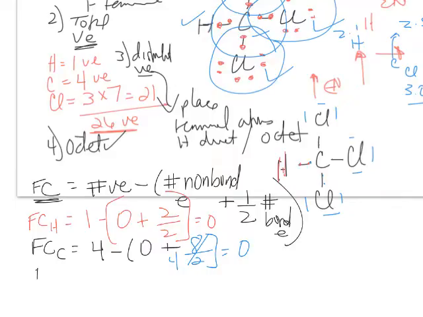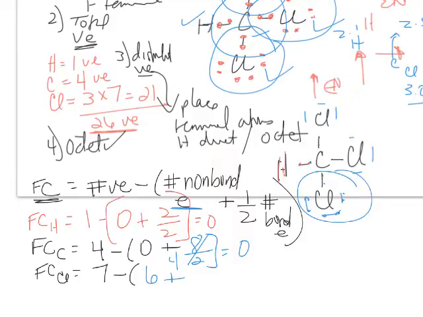And then the formal charge for chlorine. Since chlorine's all bonded equally the same here, in this particular molecule, we can just do this one time. Chlorine's valence electron is 7 minus, you just pick one, just do this one here. You have 1, 2, 3, 4, 5, 6 non-bonding electrons.